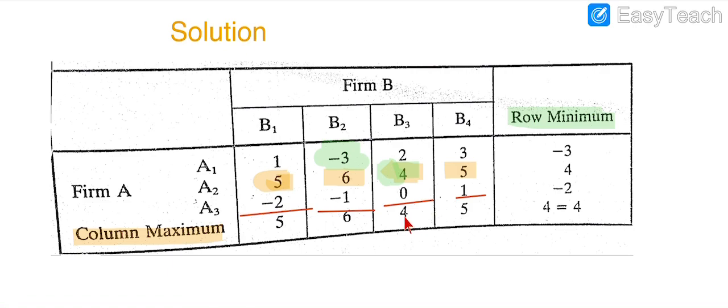It means at this strategy, when firm A plays strategy A2, it gets 4 profit, and when firm B plays strategy B3, it gets 4 profit. It means 4 equals 4. This is the solution of the game.